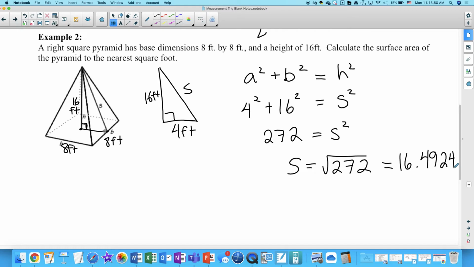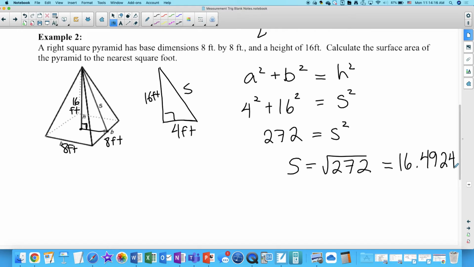Okay. Now this is just an important thing to note, and some of you, if you've done some science this year, may have learned about significant figures. Does anyone know what I'm talking about? Okay, couple. So if you haven't taken science yet, you will learn about it next semester. Basically, the idea is that when you are rounding in a problem, here we want to round to the nearest foot.